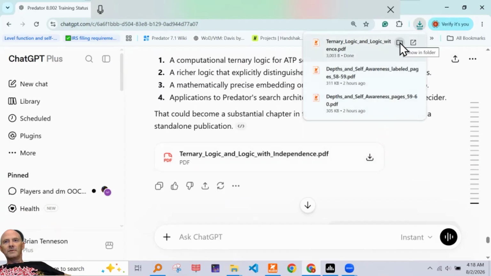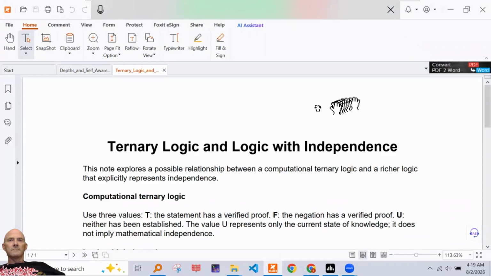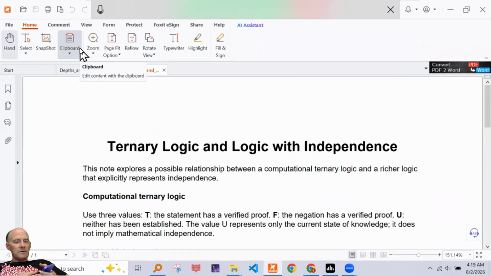This one I'm definitely going to print out because I think this is going to be highly relevant. The only thing though is once I do this, I might lose the internet.